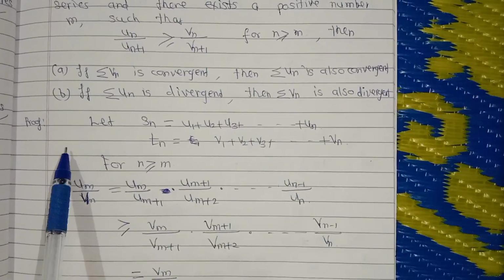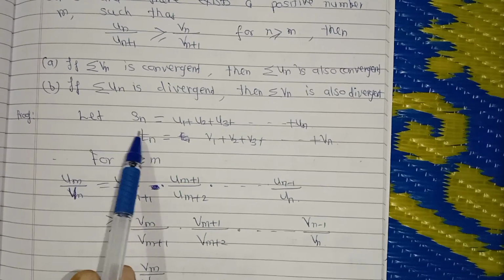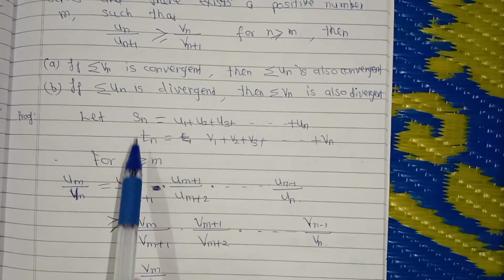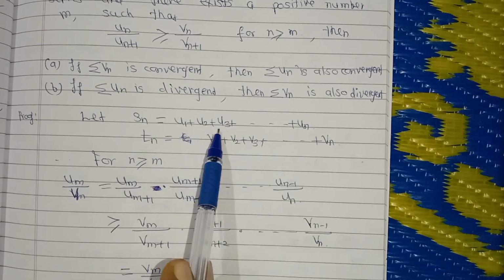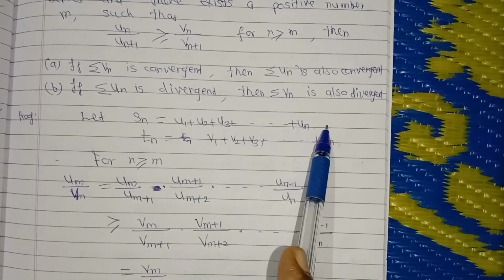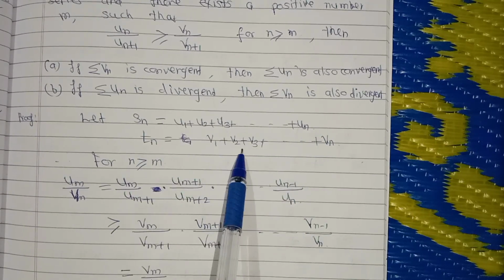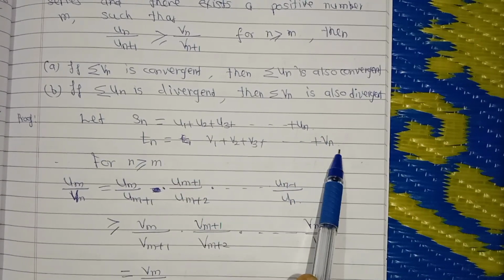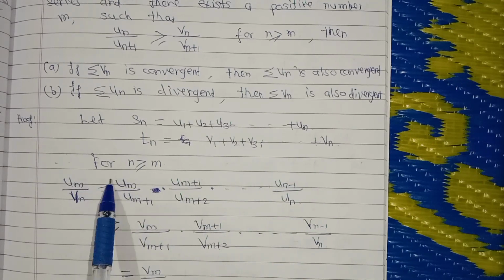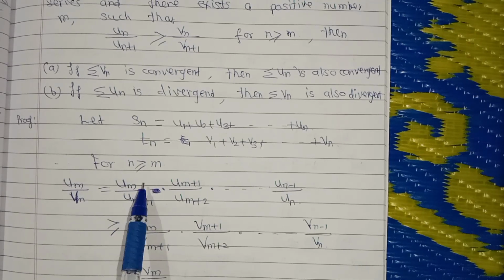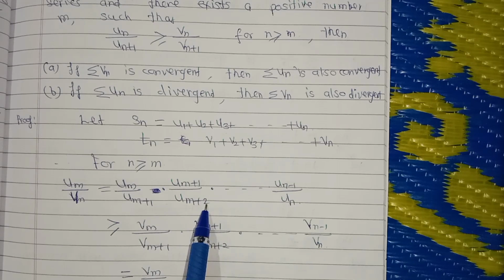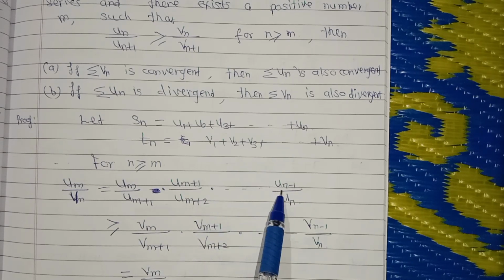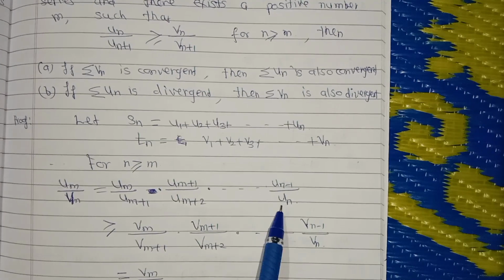In the proof, we write sequence of partial sums Sn equal to addition of first n terms of the series, Tn equal to addition of first n terms. So Sn equal to u1 plus u2 plus u3 plus up to un, and Tn equal to v1 plus v2 plus v3 plus up to vn. For n greater than or equal to m, um upon un equal to um upon um plus 1 into um plus 1 upon um plus 2 into and so on, last term is un minus 1 upon un.